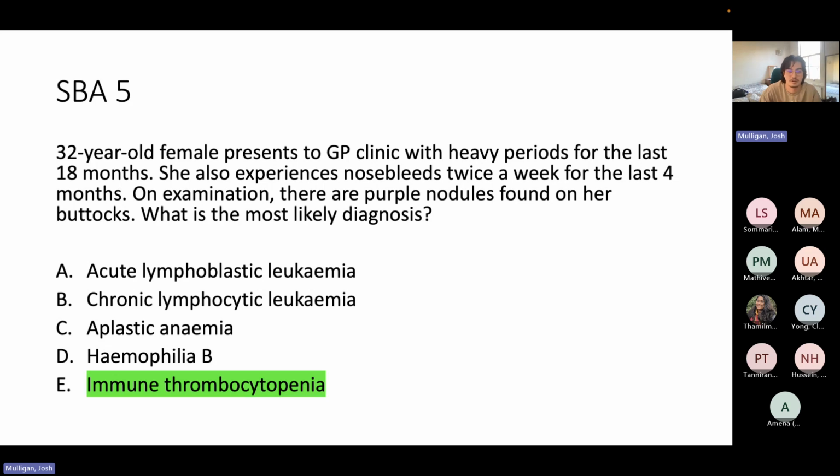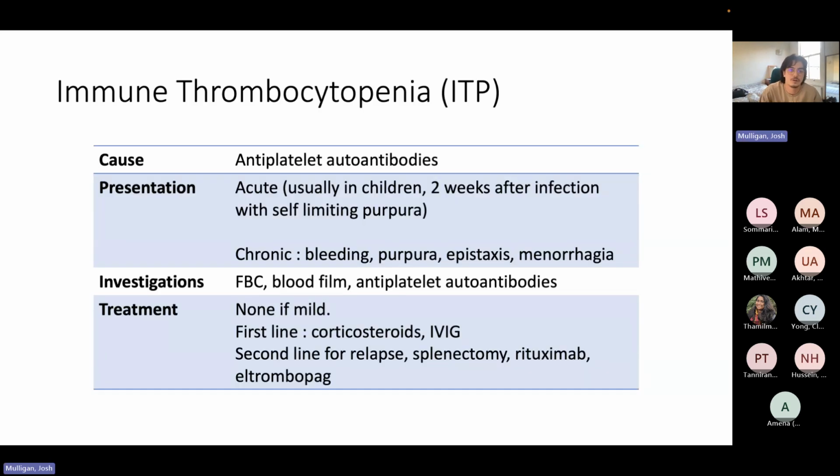Immune thrombocytopenia is quite common. It's also autoimmune in nature, and that's typically more common in women for reasons that I don't know. But it's a very common cause of thrombocytopenia. What happens is you get autoantibodies against platelets, and it can actually occur after an infection.